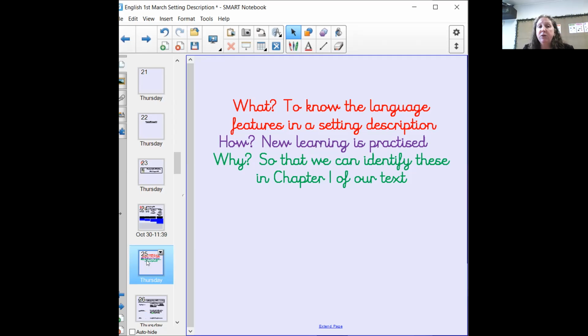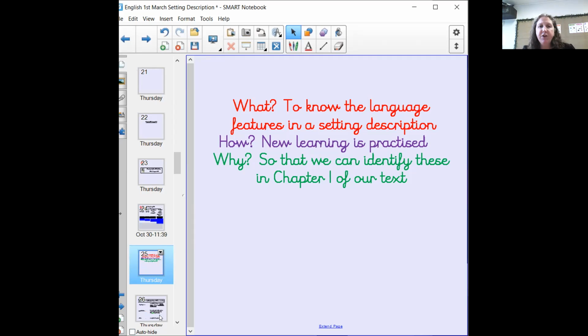The new learning is practiced so that we can identify these in chapter 1 of our text. We're going to look at that first chapter, the one that we went through together, and you are going to identify those language features in the text.